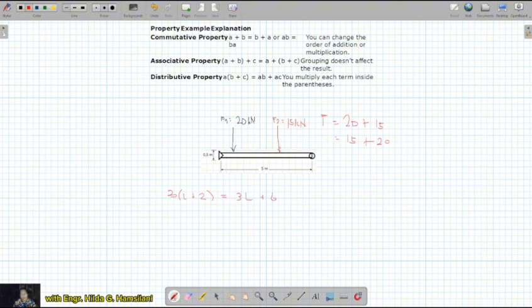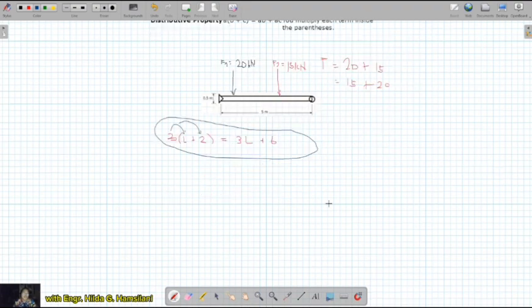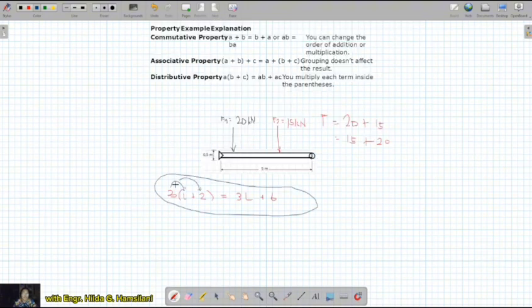So what happened here is that this 3 is distributed inside the parentheses. 3 times L is 3L, and 3 times 2 is 6. So this is the distributive property of real numbers. Now, these properties allow engineers to rearrange and simplify structural formulas for easier computation and analysis.